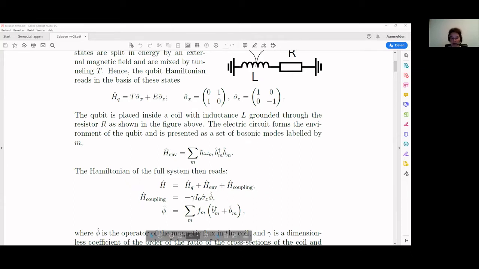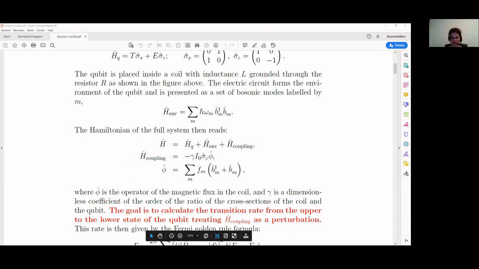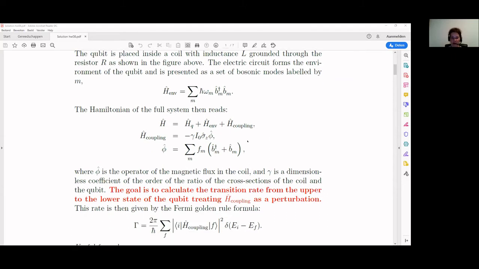And this coupling Hamiltonian is given by the following here, where you see a product of two operators, one acting on the qubit, sigma z, and this phi operator acting on the environment with these bosonic mode operators. So there we are. This is the full Hamiltonian that we're going to work with.